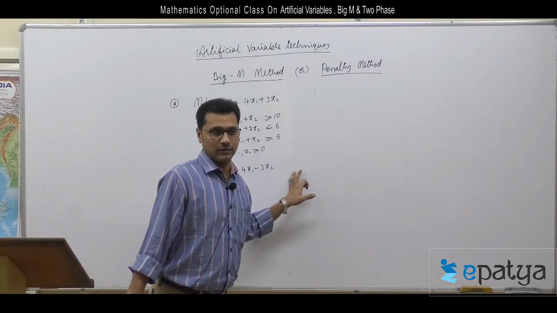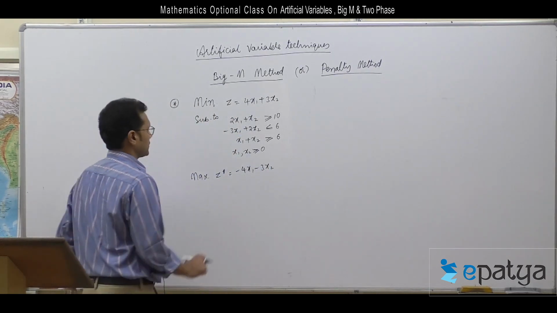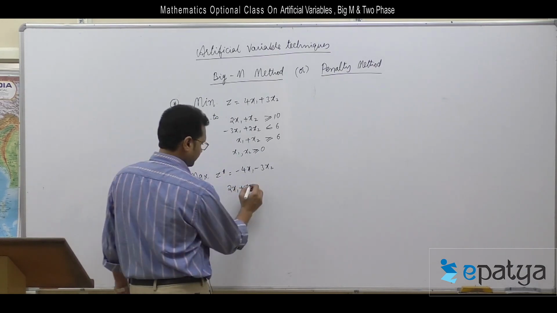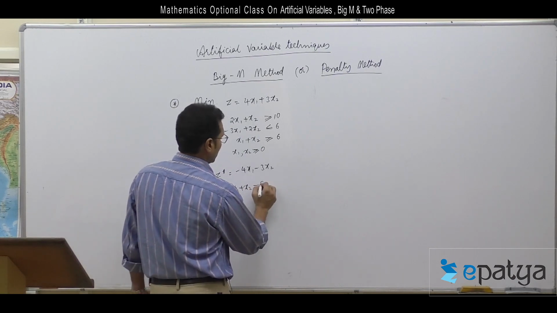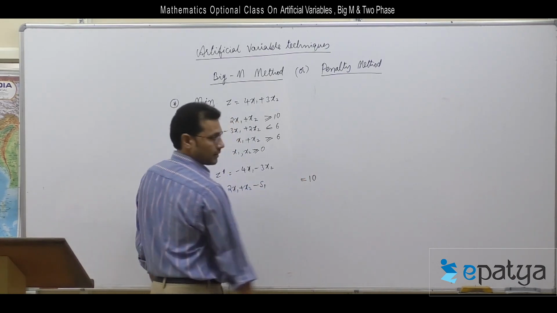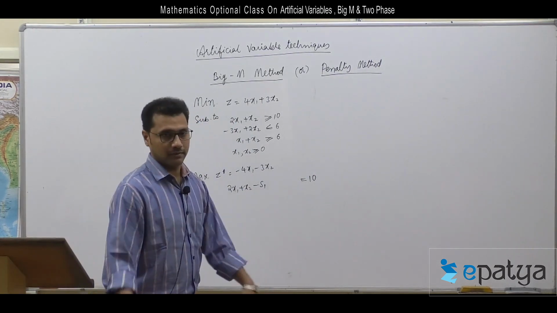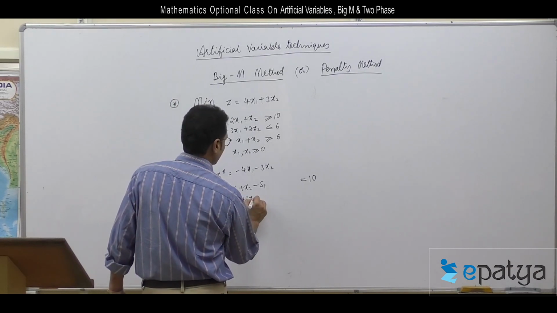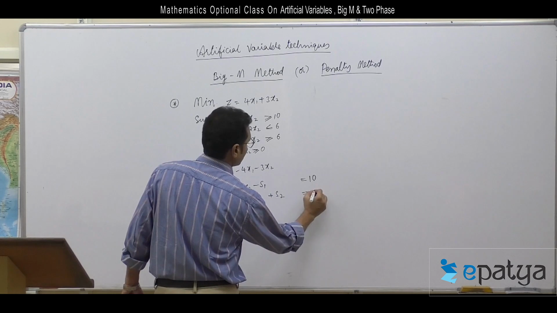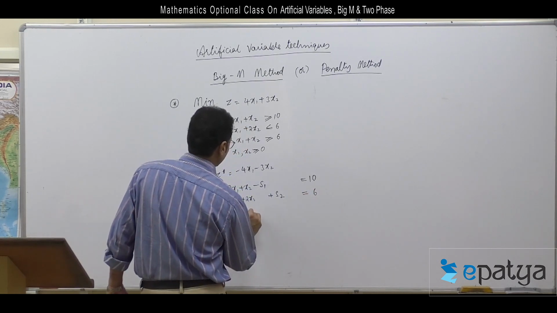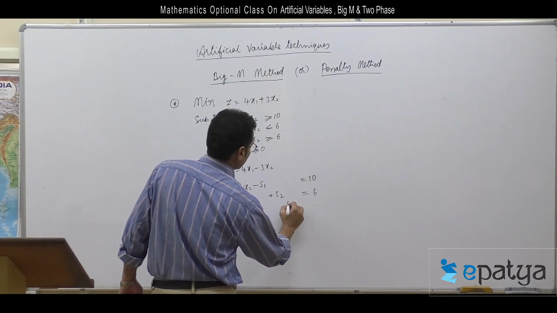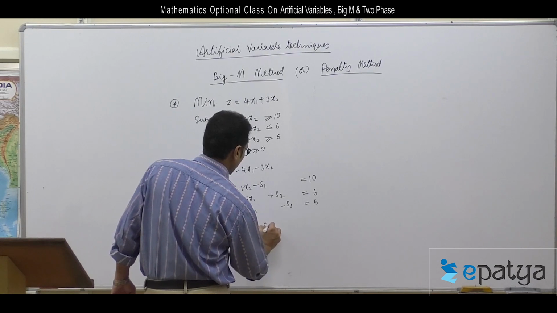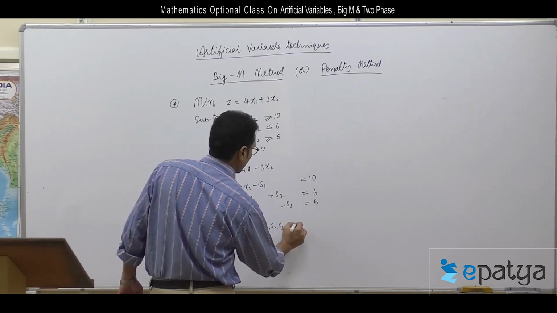Some more will come, so I am stopping here as of now for this objective function, subject to the conditions 2x1 plus x2 minus S1 plus A1 equal to 10, minus 3x1 plus 2x2 plus S2 equal to 6, x1 plus x2 minus S3 equal to 6, x1, x2, S1, S2, S3 non-negative.